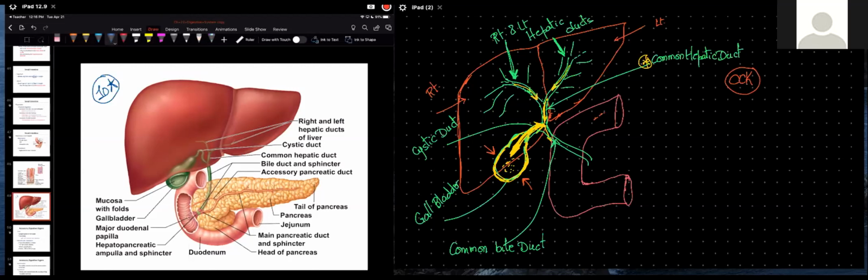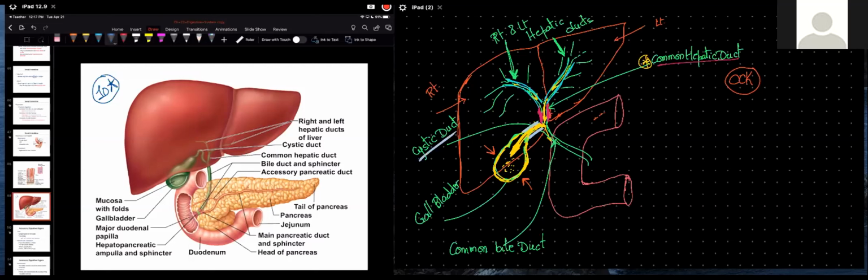All right, so many ducts in here, so let's repeat them. You've got here the right hepatic duct and the left hepatic duct. They fuse together and form my common hepatic duct. The gallbladder has a duct. What do we call this duct of the gallbladder? This is my cystic duct.